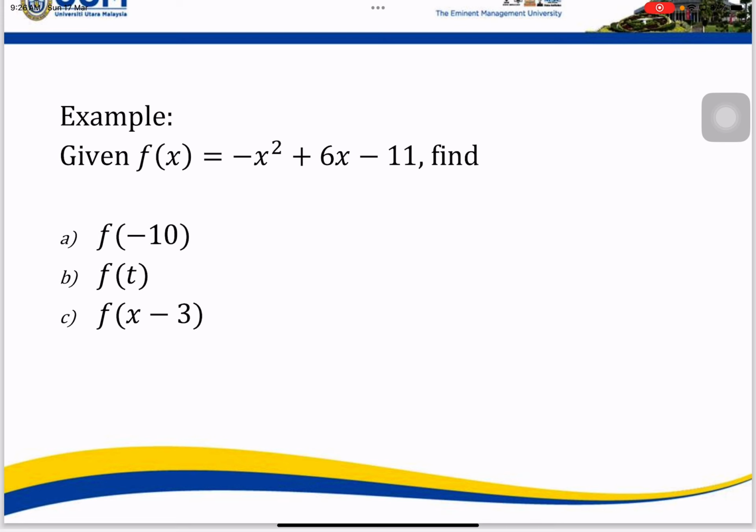Okay guys. So first one guys. F(negative 10), what is your answer? Negative 171. Okay, if you get negative 171, yes, you are on the right track. B?